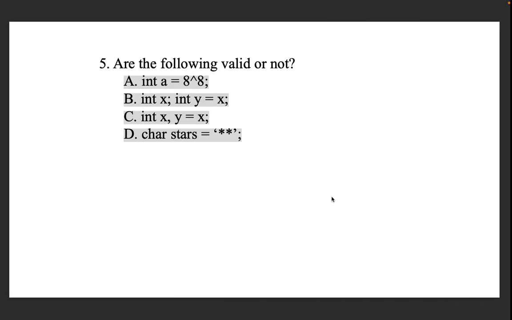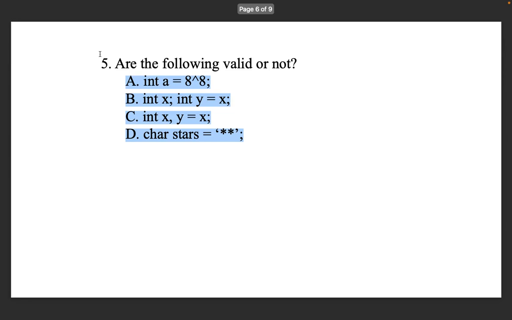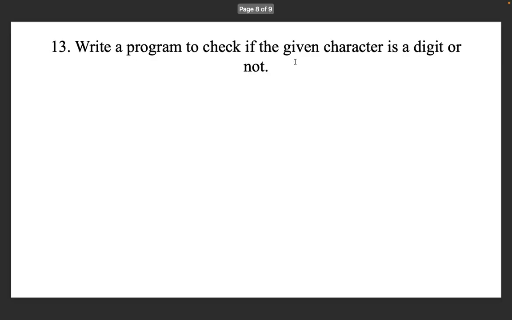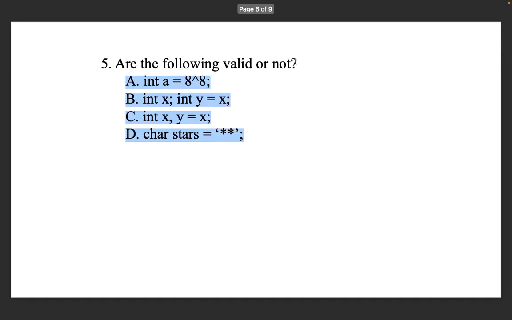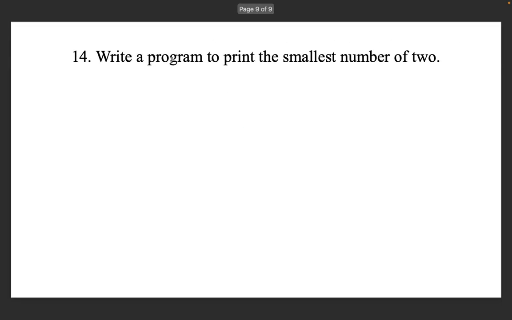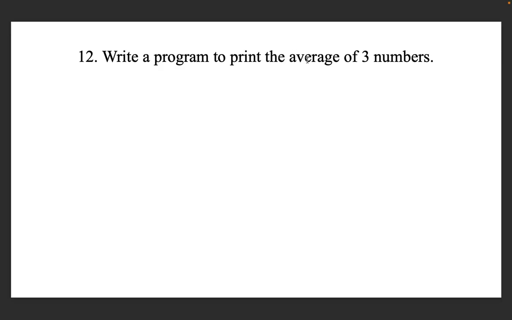So let's move to the next question. Write a program to print the average of three numbers.